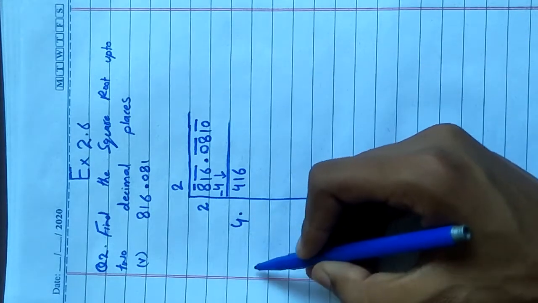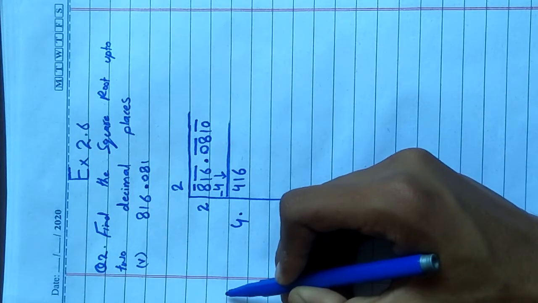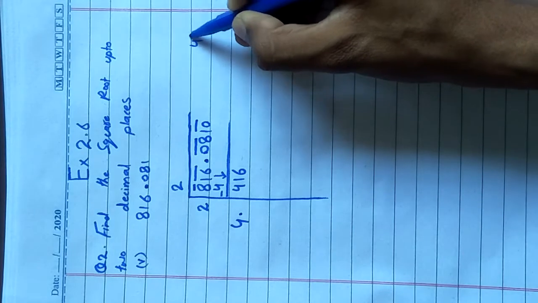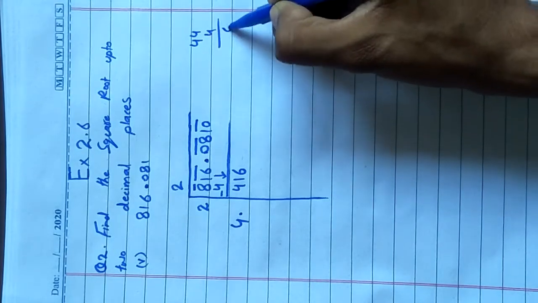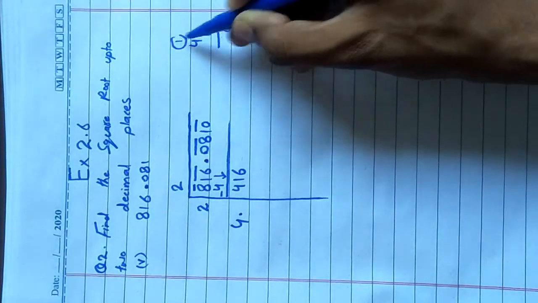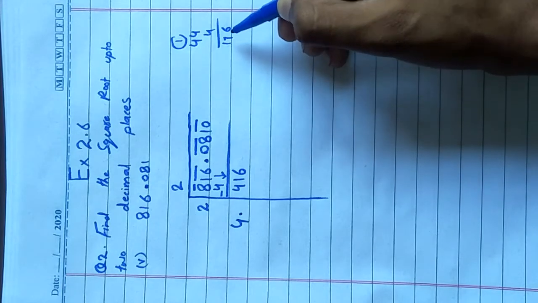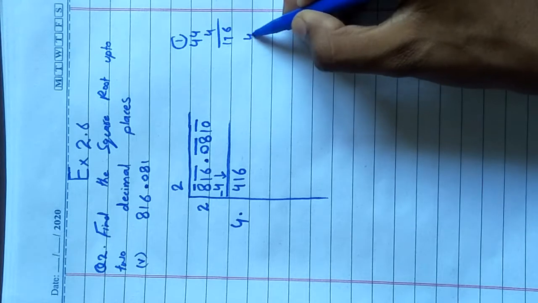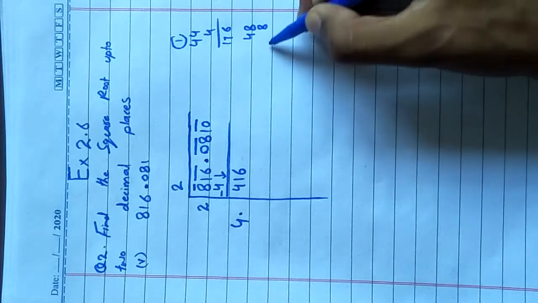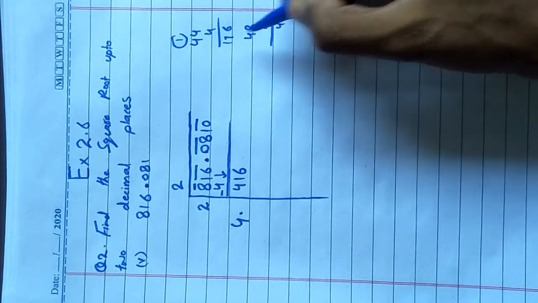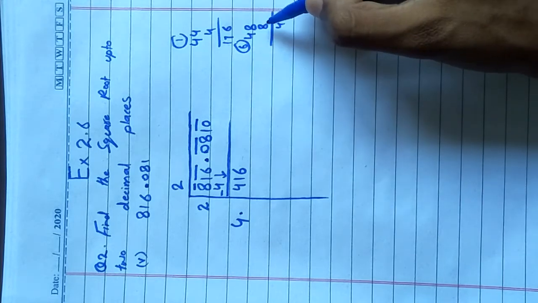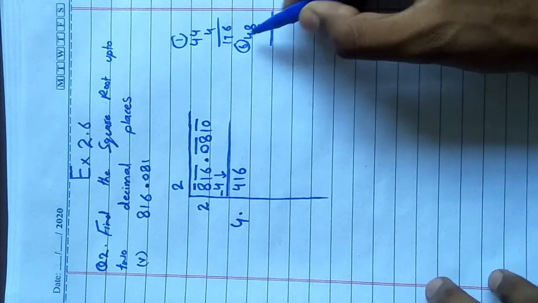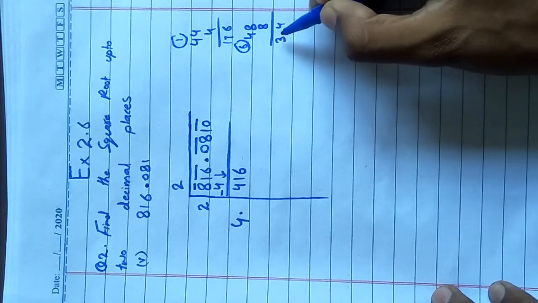Okay, now see here, let us assume 4 here. 4 4s are 16, 6 here, 1 carry, 4 4s are 16 or 17. I think 4 is too small. Okay, now assume 8. 8 8s are 64, 4 here, 6 carry, 8 4s are 32 or 38.